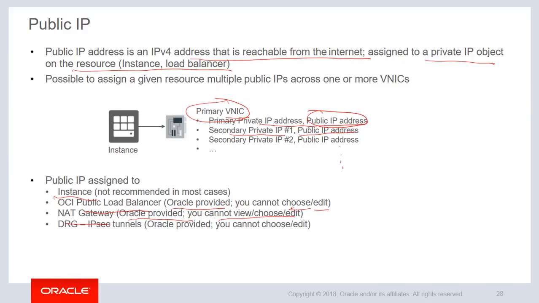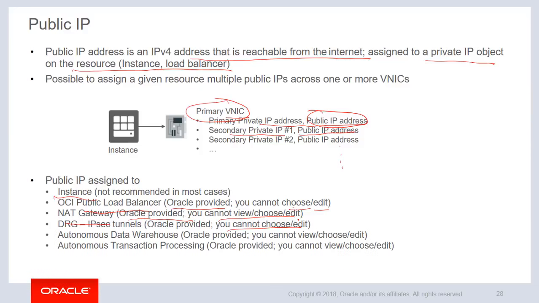The DRG gets a public IP as well. You have the IPsec tunnels. It's part of when you create a VPN connectivity. Again, you cannot choose or edit these IP addresses. The autonomous data processing and autonomous transaction processing services also get public IP addresses.